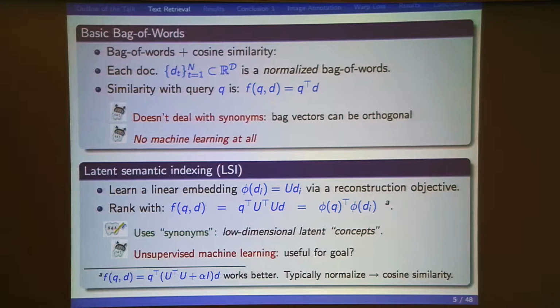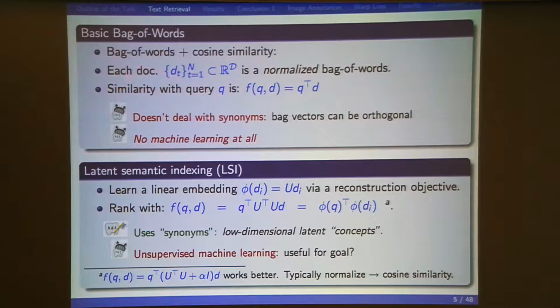Just a note though, down here is a footnote that says actually to get better performance, you really want to combine those two things, because after you've done LSI and you have these embedding vectors, you've kind of blurred the space.